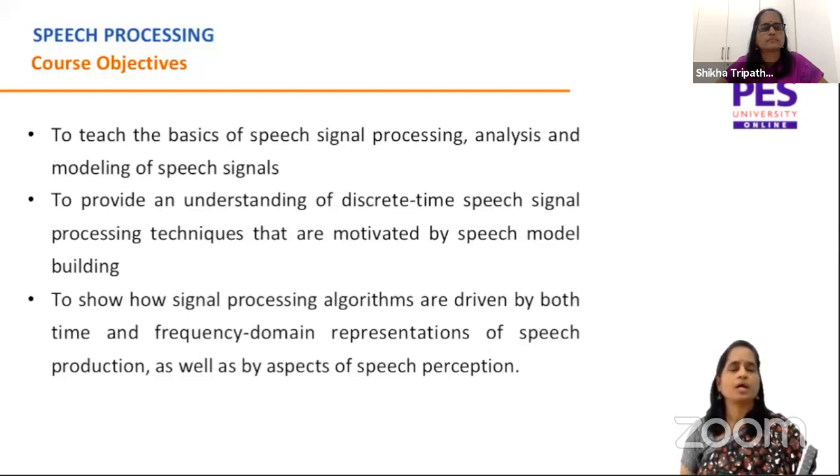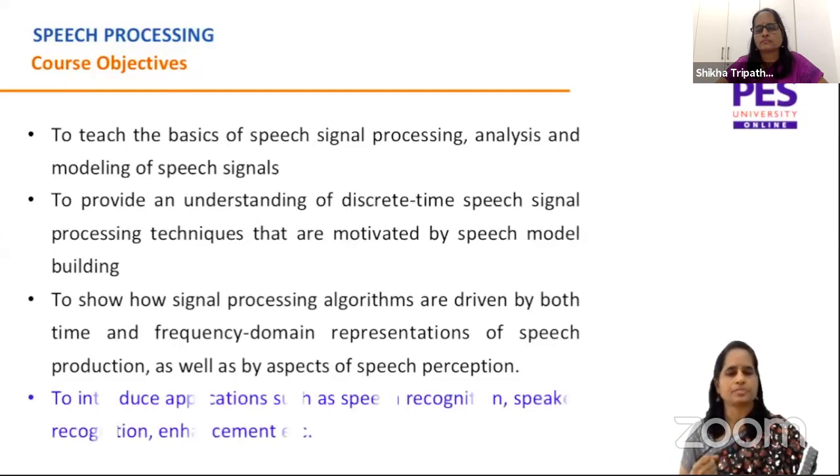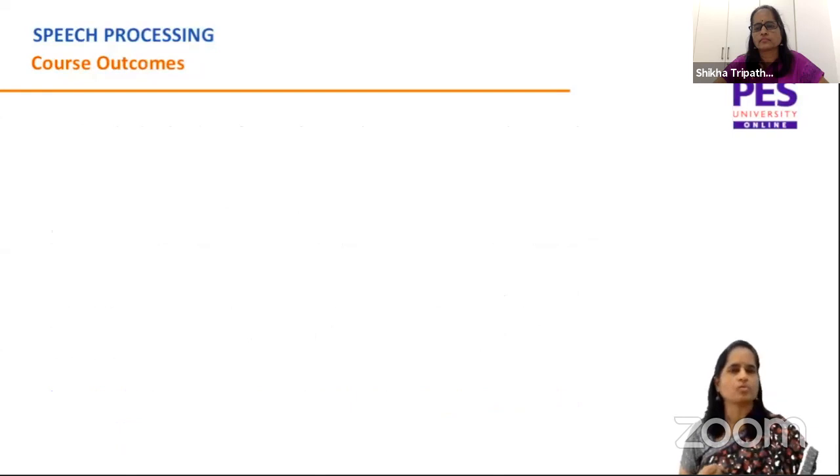And then we'll show how signal processing algorithms are driven by both time and frequency domain representation of speech production, as well as by aspects of speech perception. To introduce applications such as speech recognition, speaker recognition, enhancement, etc., would be the final objective of this particular course.